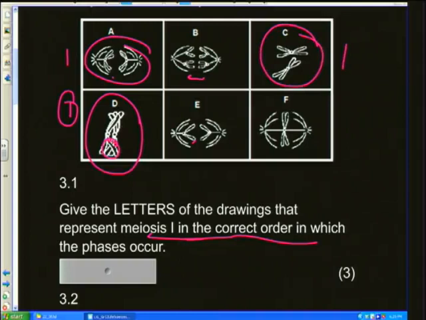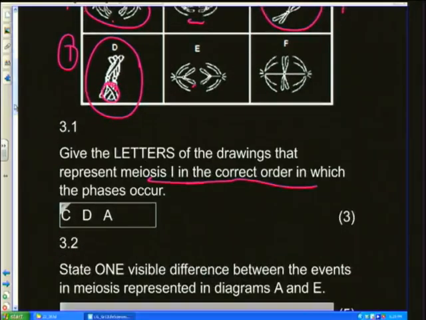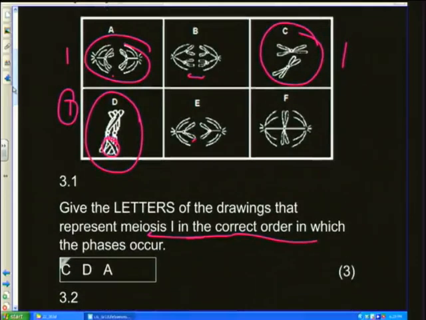Now, the question is, what is the order? And the order would be C first, the chromosomes are lying next to each other. Then crossing over, D, is taking place. And this would be anaphase 1. Anaphase 1, why? Because the chromosomes have separated and they're moving to opposite poles of the cell.